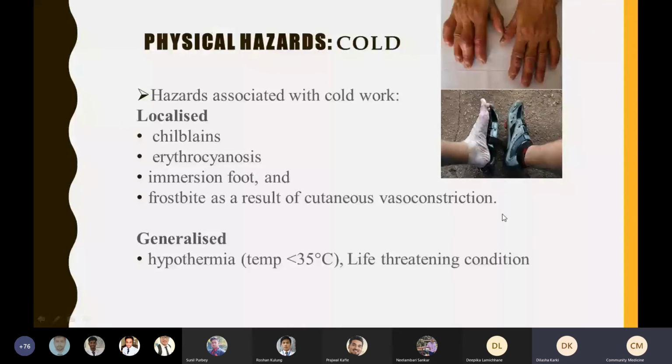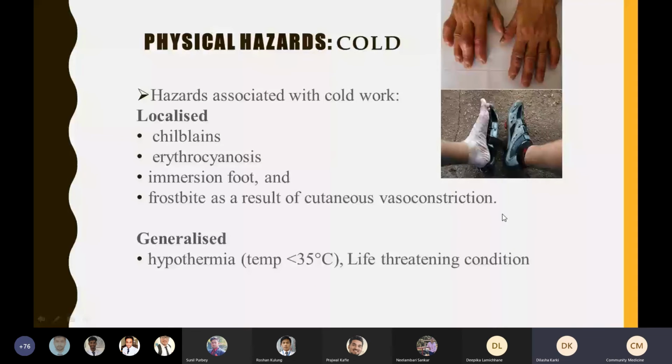Along with that, if they need to walk in very cold or icy water, there will be immersion foot, and there are also chances of frostbite, and because of that they may need to have their limbs cut off. Because of vasoconstriction they can face frostbite.